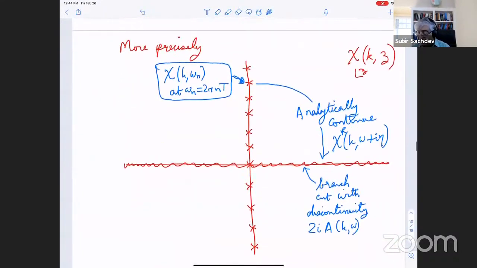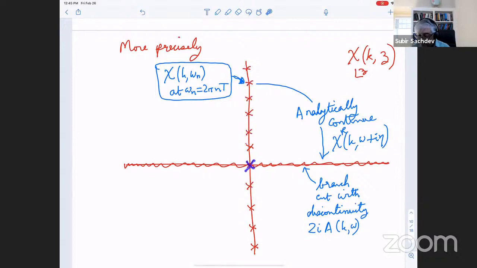Here's another picture of the whole issue. You can think of chi of k and z as some analytic function in the z plane. The diagrams give you the result for chi of k and z on these points, or if you're doing a numerical simulation.